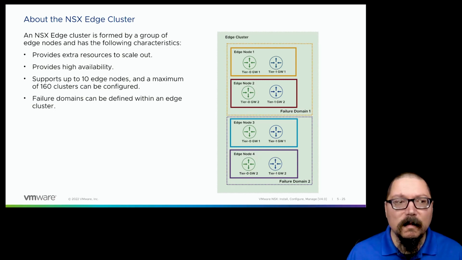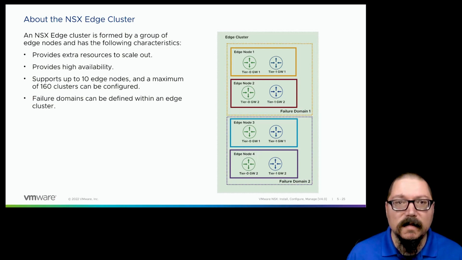Now, the failure domains are configured only by the API at this point, but you can configure them maybe to make things rack aware. Maybe I've got this edge cluster like we have on the screen. I've got 4 edge nodes. 2 of them are in rack 1 and 2 of them are in rack 2.